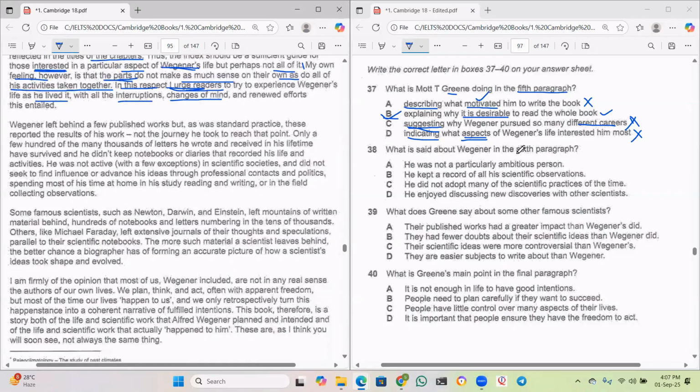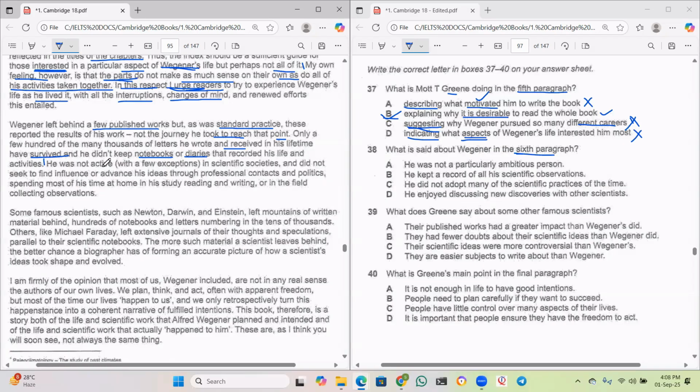What is said about Wagner in the sixth paragraph? Let us read it. Wagner left behind a few published works, but that was standard practice. These reported the results of his work, not the journey he took to reach that point. Only a few hundred of the many thousands of letters he wrote and received in his lifetime have survived, and he didn't keep notebooks or diaries that recorded his life and activities.